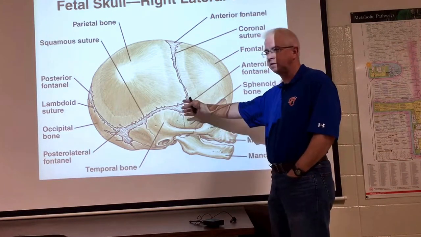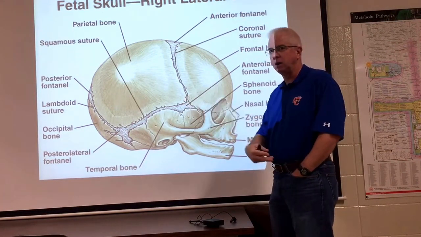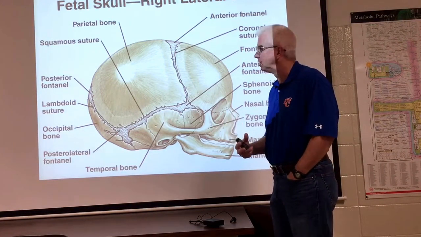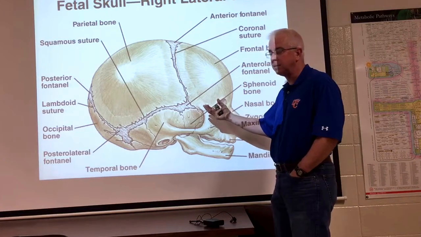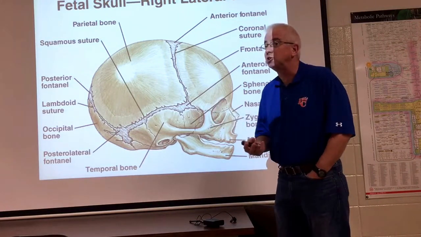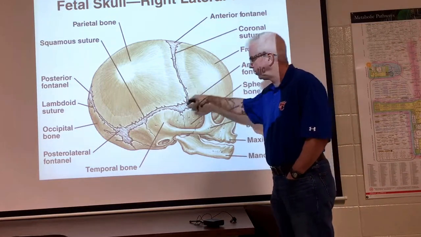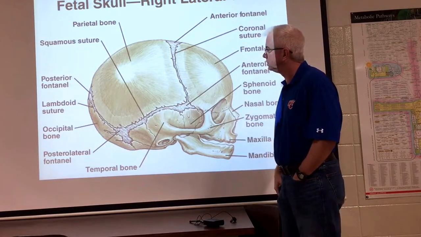Remember, you don't make the skull bones by endochondral ossification. They come from these fibrous connective tissue sheets that form where the skull bones will be. And so they don't finish becoming bone by the time you're born. What you're left with is these soft places between the skull bones.